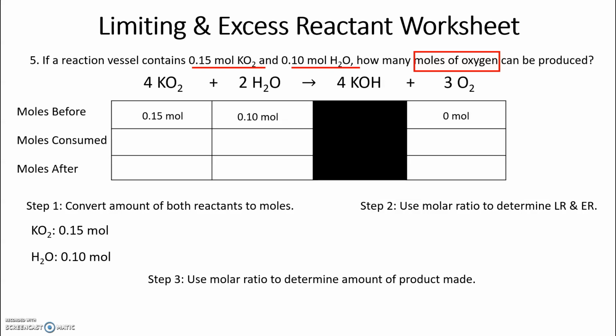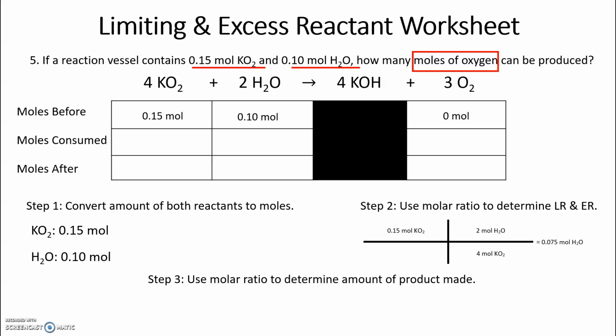And the way that we do that is we can start with moles of either reactant and convert to moles of the other reactant. So in this problem, I'm going to start with 0.15 moles of KO2, and I'm going to convert that to moles of H2O. So the way we do this is really simple. It's a one-step railroad track, and we're going to use our molar ratio to help us make this conversion.